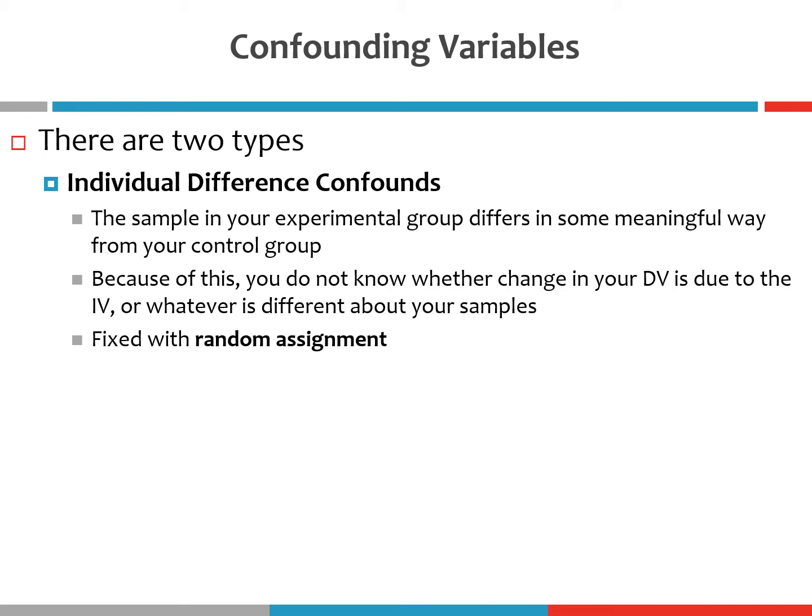So is it due to breast milk or is it due to all of the participant characteristics that differ between the experiment and control groups, right? And so the way we fix this, like I said last time, is through random assignment, okay?